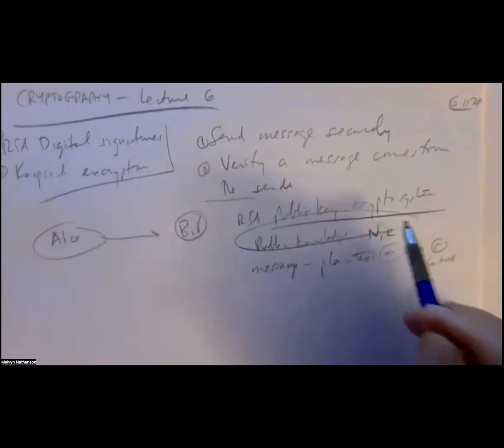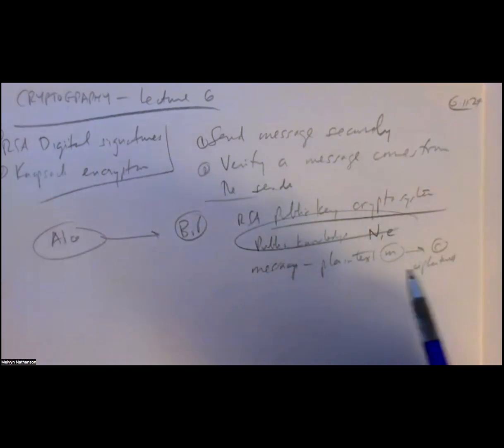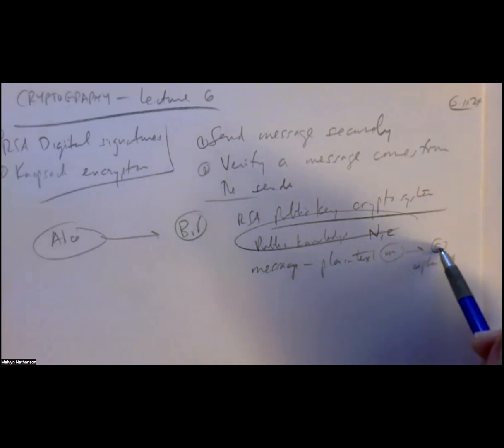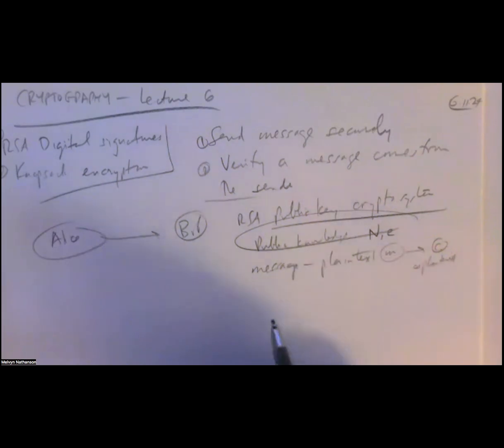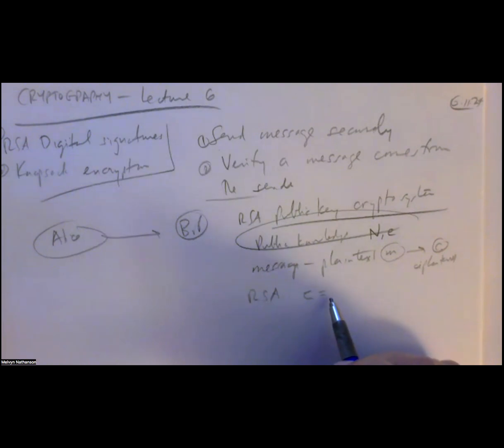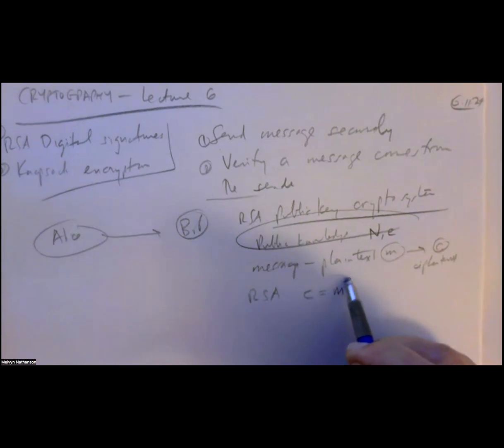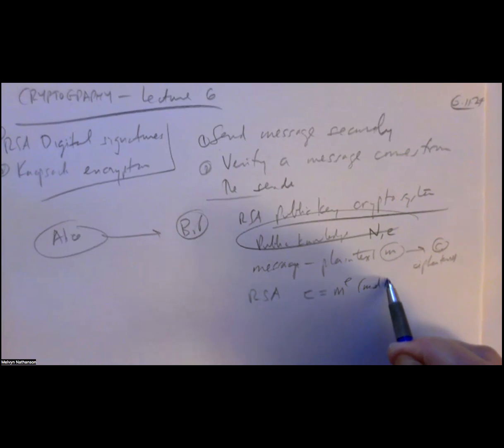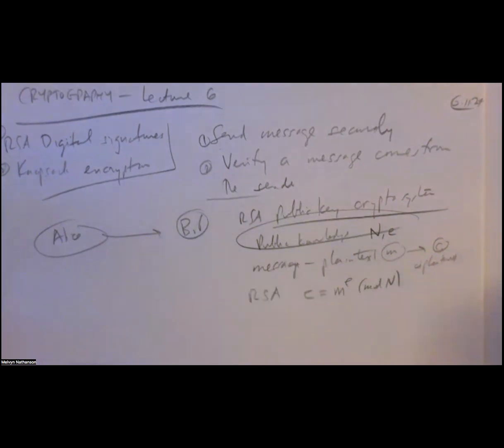And what is public knowledge, everyone knows how you convert your message into the ciphertext. So for example, in RSA, you let C be equal to M to the power E mod N.